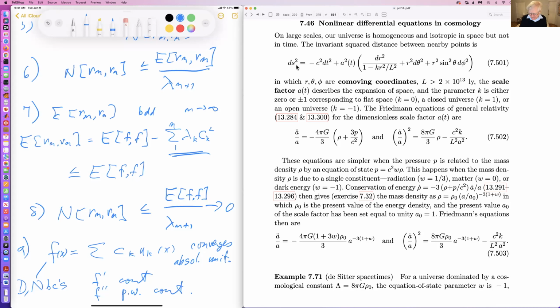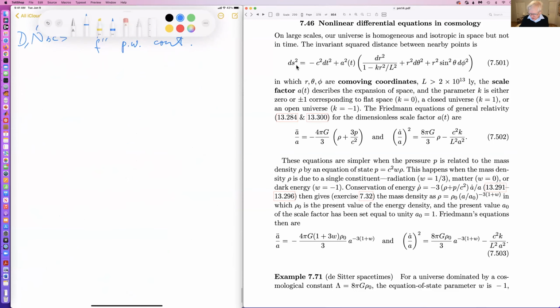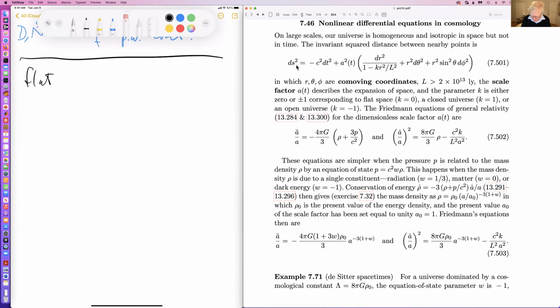ds squared is the invariant distance between two points. Let me do flat space. In flat space, ds squared is dx squared minus c squared dt squared. So that's the separation.